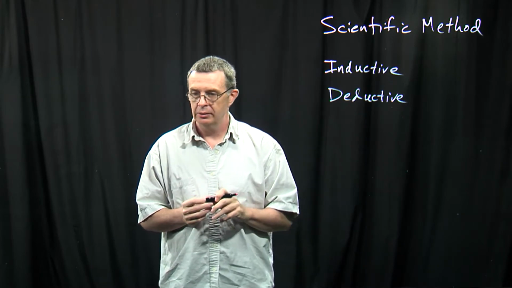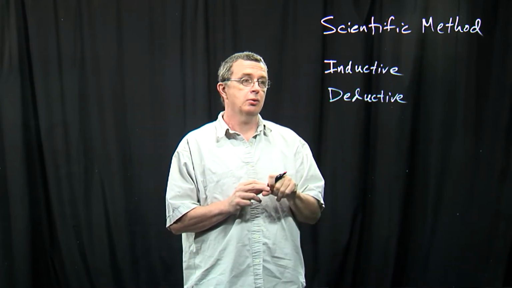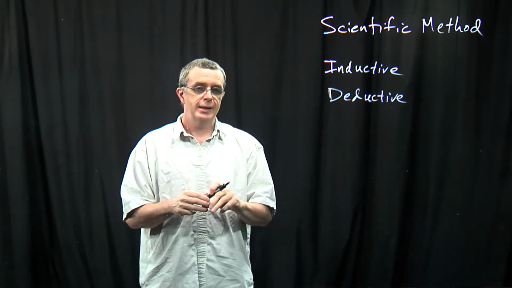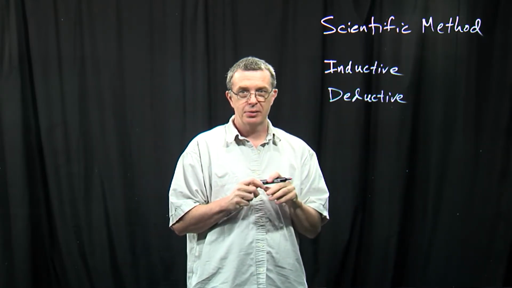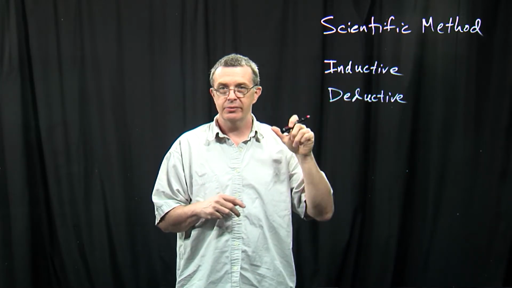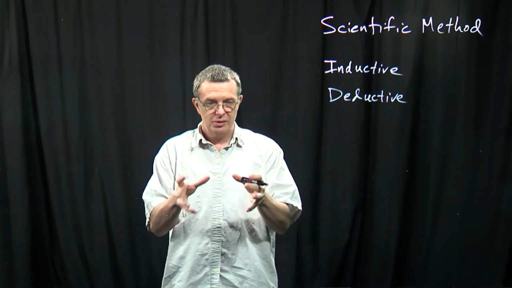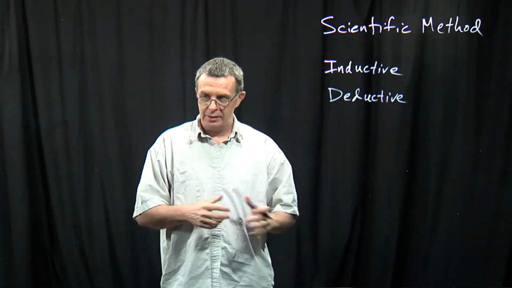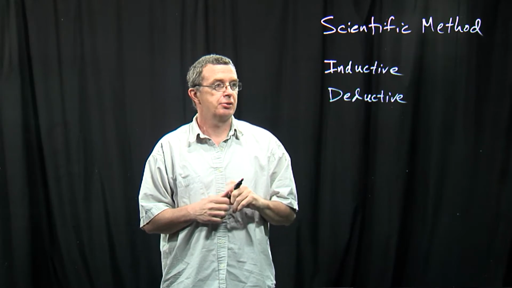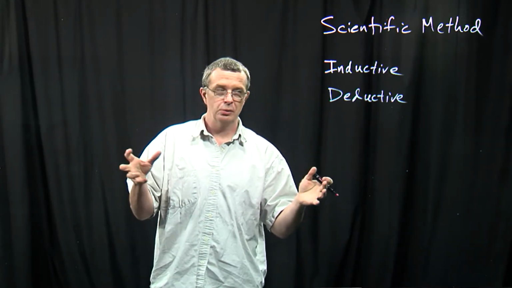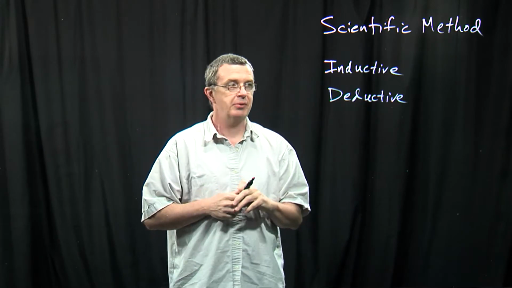Deductive reasoning works in the opposite direction. So it's taking what we know about the world and applying it to a specific situation or a specific problem. So the inductive is discovering some small change and applying it to the broad world around us. Deductive reasoning works the opposite way. We take our understanding of the world around us and apply it to a specific problem.